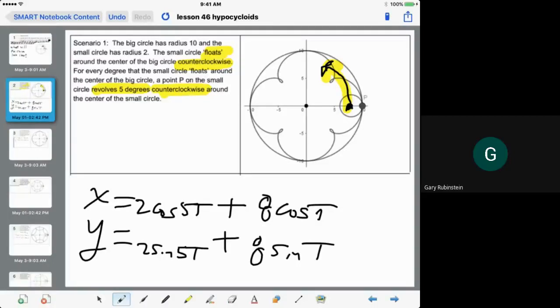Now notice I don't have any negatives involved because they're both going counterclockwise. Counterclockwise is associated with positive t.